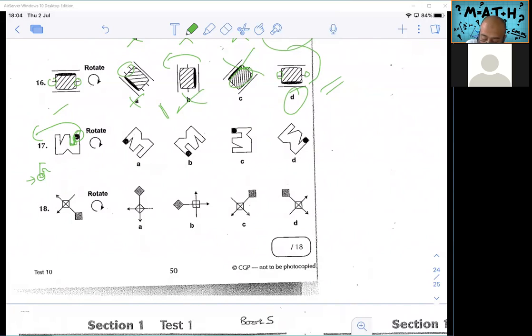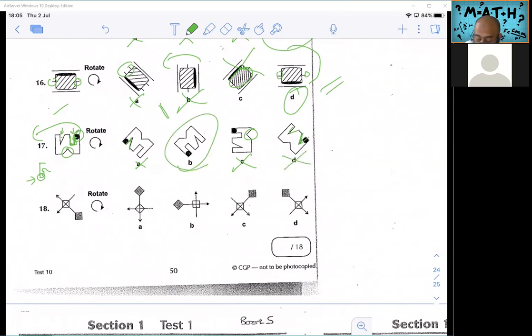So you won't have this triangular shape, that's no good. Also the notch over here has to be in the right place. So that's no good. This one's got two triangles. It's not rectangle and triangle, triangle, rectangle. So that one's wrong, has to be B.